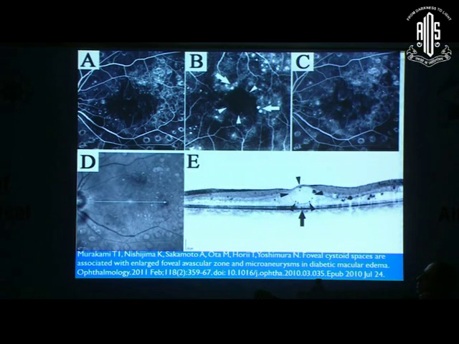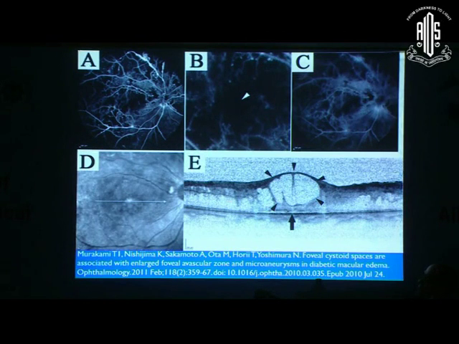Let's look at this image from one of the papers from Japan, where you see they are showing these cysts are present, and this is the early phase of the fluorescein, where we can see that the FAZ is slightly enlarged, and you do see some microaneurysms at the junction of the FAZ.